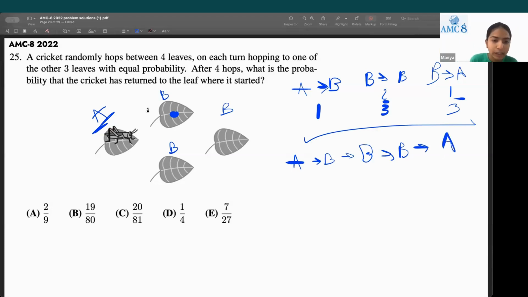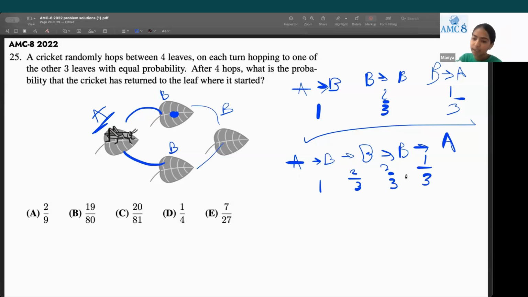So A to B here, and then from B to B, and then from B to B here again, and from B to A. So that's 4 hops here: 1, 2, 3, 4. A to B is 1, and B to B is 2/3, and B to B once again is 2/3, and B to A is 1/3.